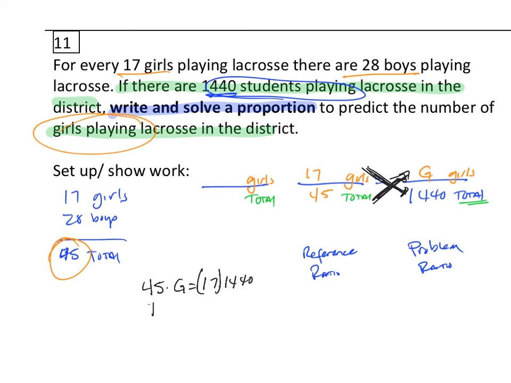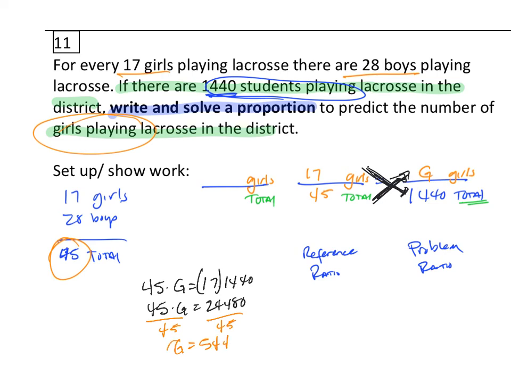So that means 45 times G equals 24,480. And all I did with that was just put it into a calculator. So now I'm going to solve. That means I'm going to divide both sides by 45. And that means I'm going to get G equals 544.